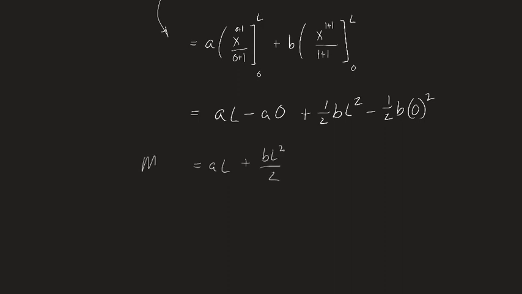And this is the mass. Am I sure it's mass? Well, a is in terms of kilograms per meter, and b is in terms of kilograms per meter squared, as expressed in the problem. Assuming L is in meters, my units work out to be kilograms, so that suggests we're okay.